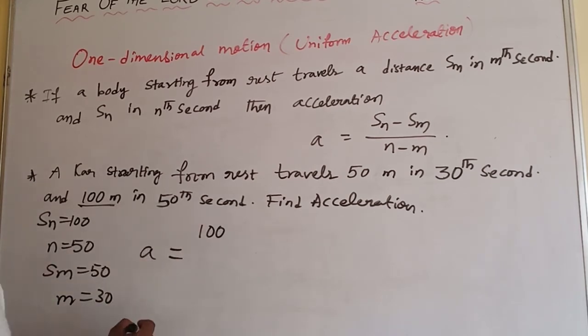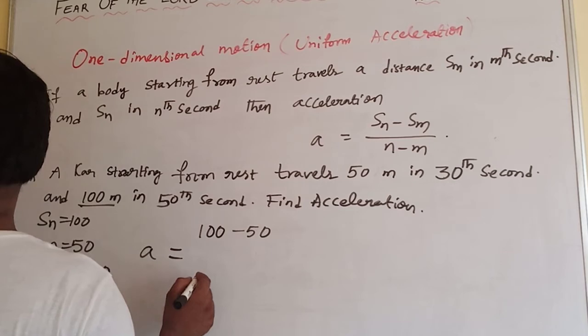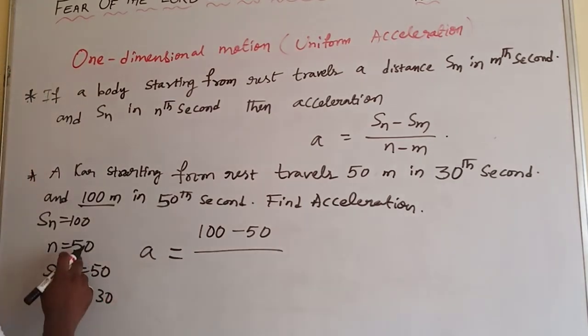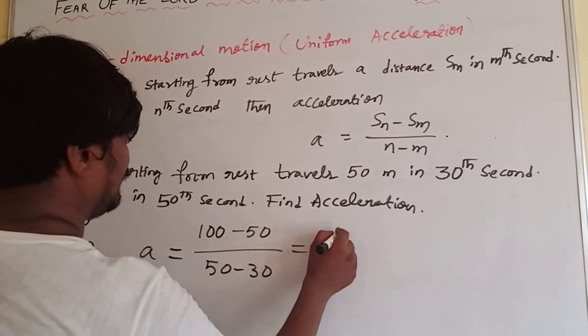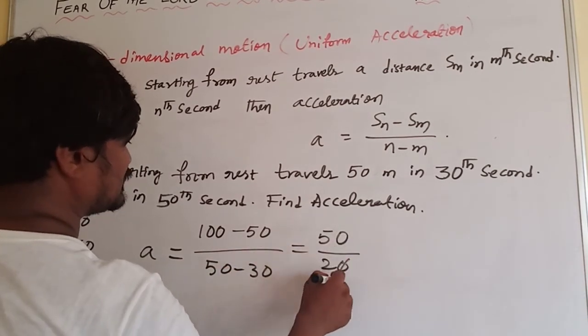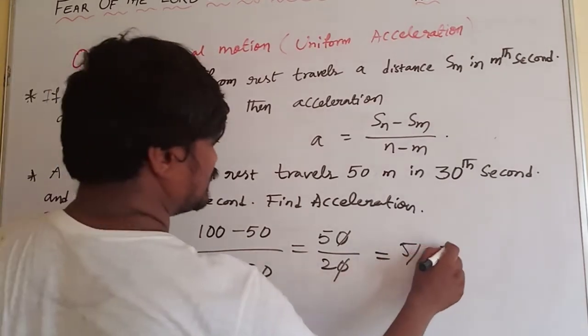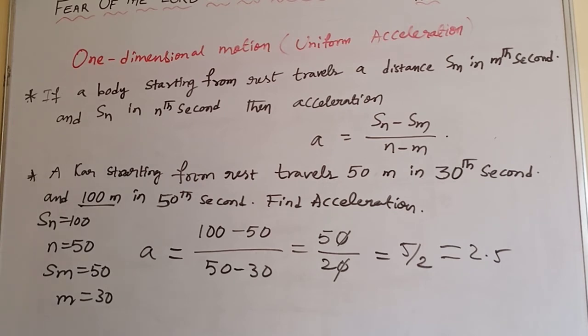Just substitute those values: 100 minus 50 upon 50 minus 30. So you get 50 upon 20, zeros cancel, you get 5 upon 2, which is 2.5. So your acceleration is 2.5 meter per second square.